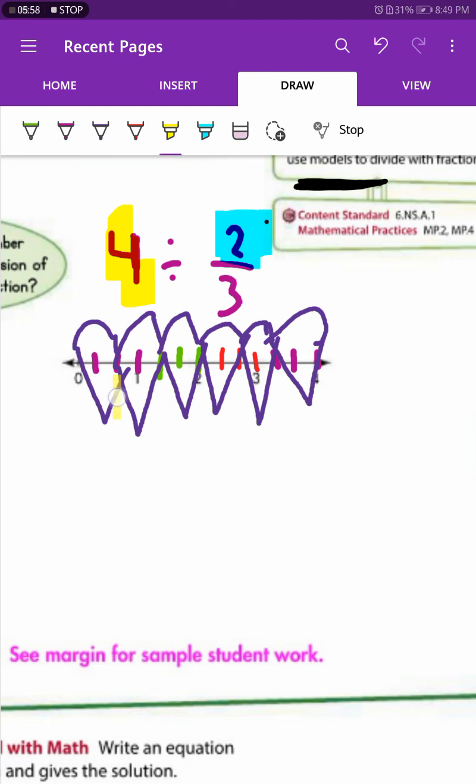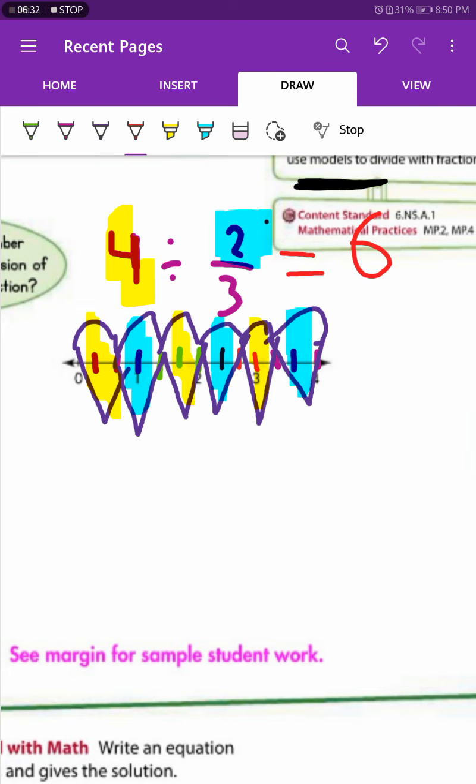So we have 6 shapes, or 6 circles, or whatever you want. So this is the answer. The number of these jumps is the answer of the division. Okay, my dear students.